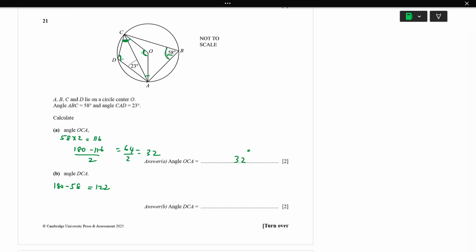Then 122 plus 23, take away from 180, we'll get angle C. So angle DCA equals 180 minus 145. The answer is going to be 35, so 35 degrees here.